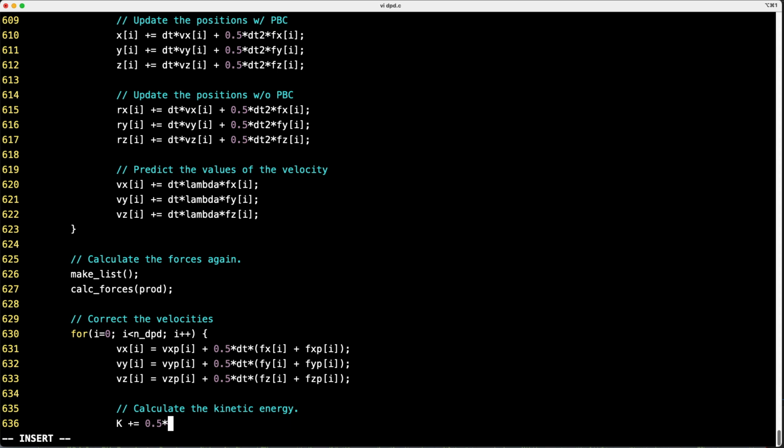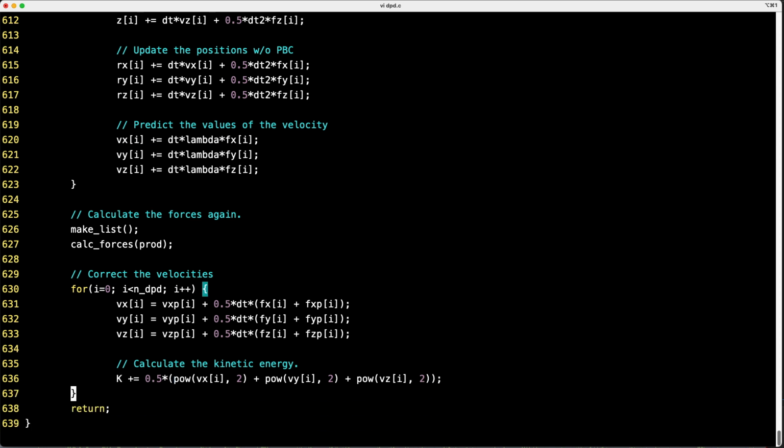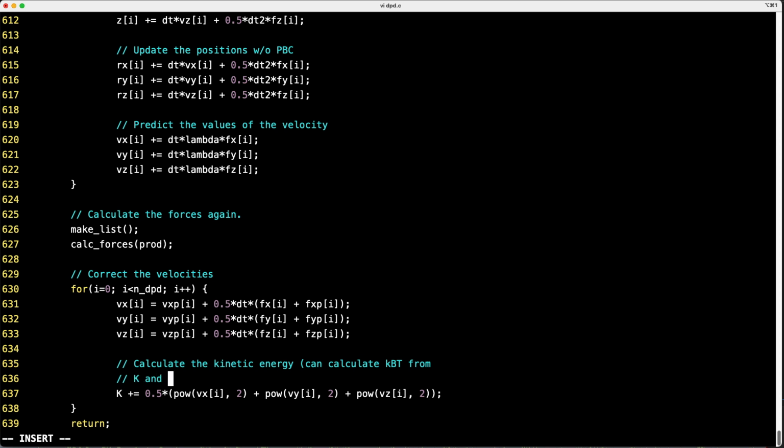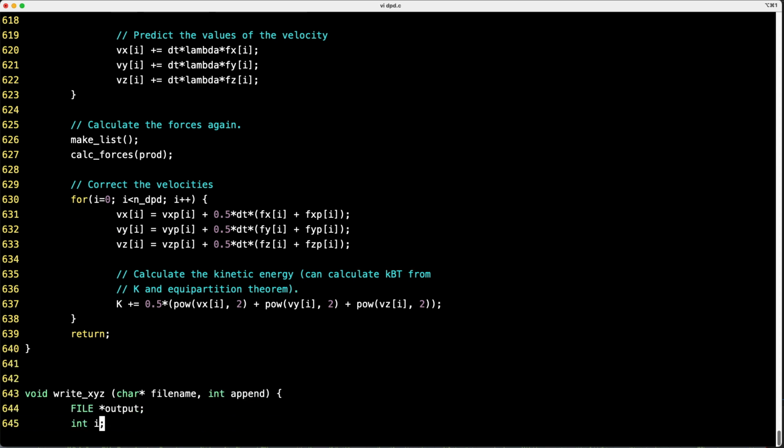Remember, m is equal to 1, so this will be plus vxi squared plus vyi squared plus vzi squared. And now we've got the kinetic energy. We can calculate the temperature from that, using the equipartition theorem. So that's why we would do it. And then here we exit, so we go back to the main function.